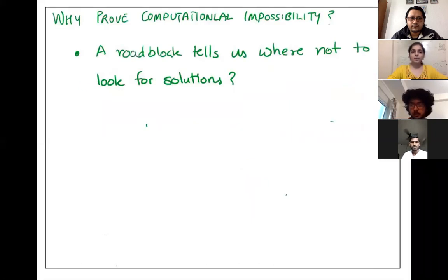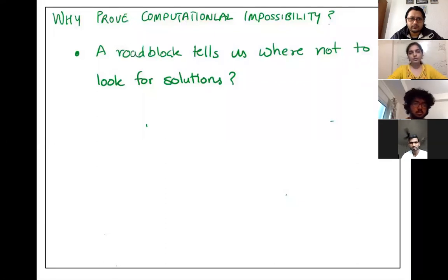Firstly, just from a philosophical point of view, just like in mathematics, in computation too, proving roadblocks tells us where not to look for solutions. So if tomorrow some next generation of students start designing algorithms for these problems, if the previous generation has already proved that n cube time algorithms are not possible, maybe they can spend their energies better designing other types of algorithms.